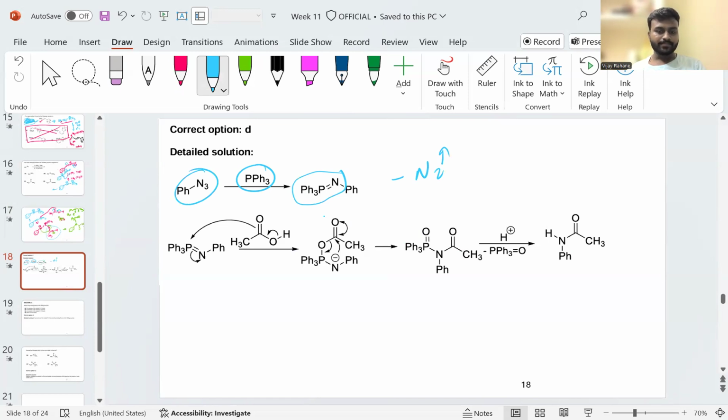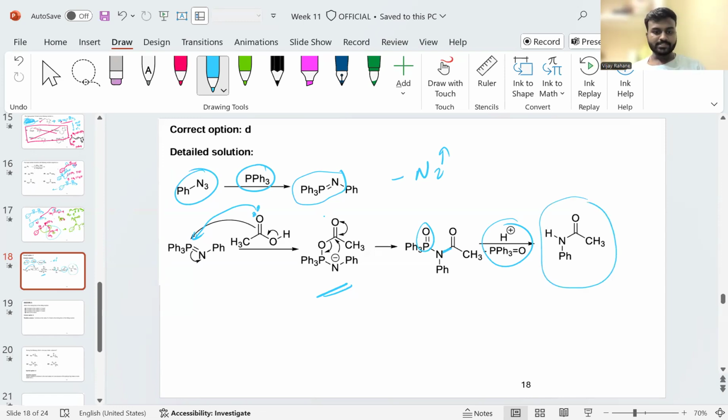So the O negative, the lone pair of the acetic acid, attacks on the phosphorus. So it forms this intermediate followed by internal rearrangement. That's the N negative attacks on the carbonyl center of the acetic acid, then the P double bond O formation. So these two bond formations take place, and then further P double bond O PPh3 elimination gives the formation of this amide.